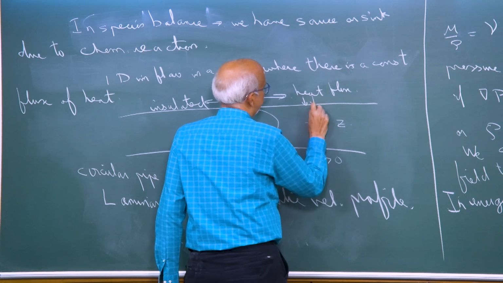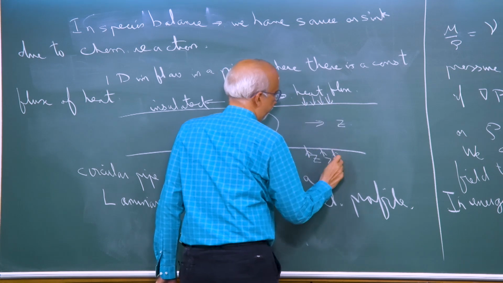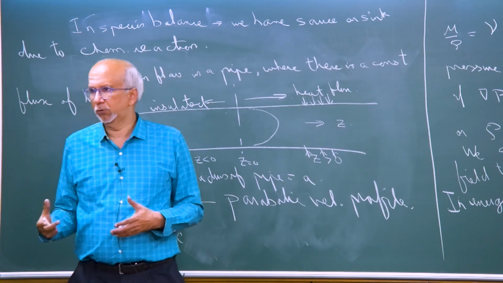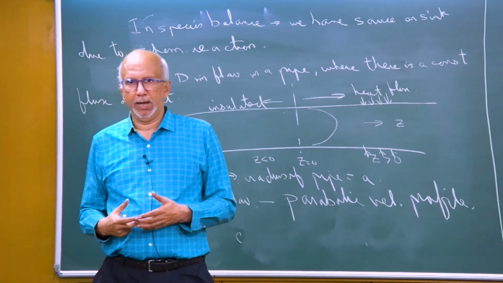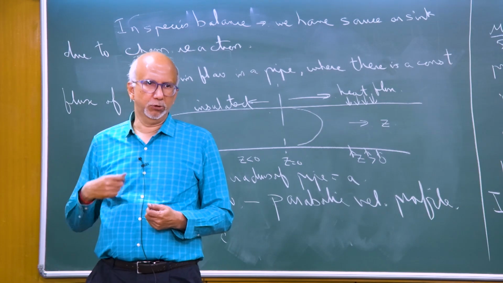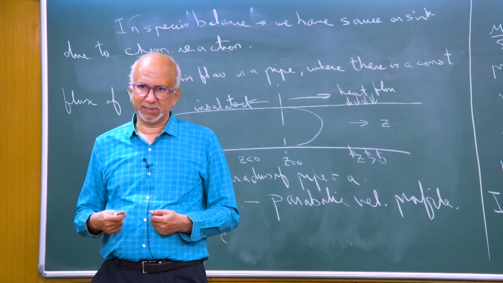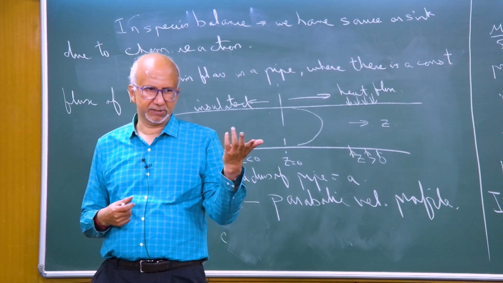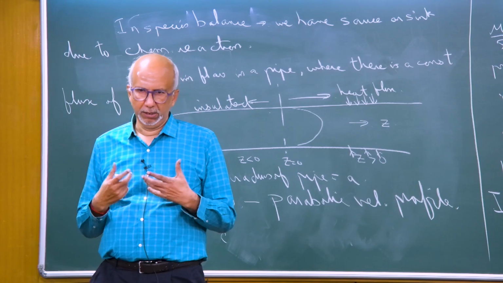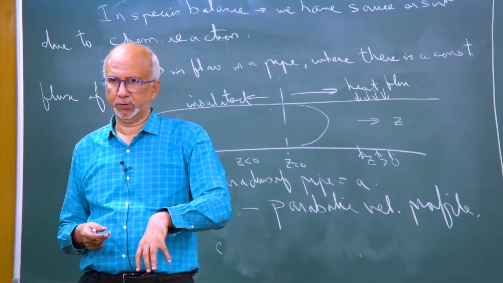So, heat is being supplied. Let us say one way to supply heat is to put some tape around it and pass electric current, okay. Like I said earlier, you have Joule heating, heat is going to be released and that heat is going to go into the fluid, okay.